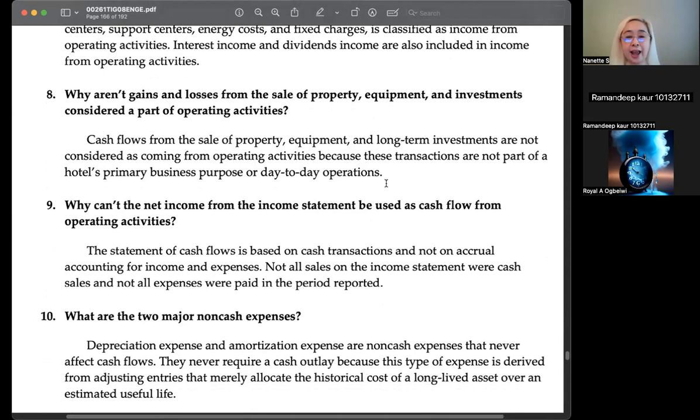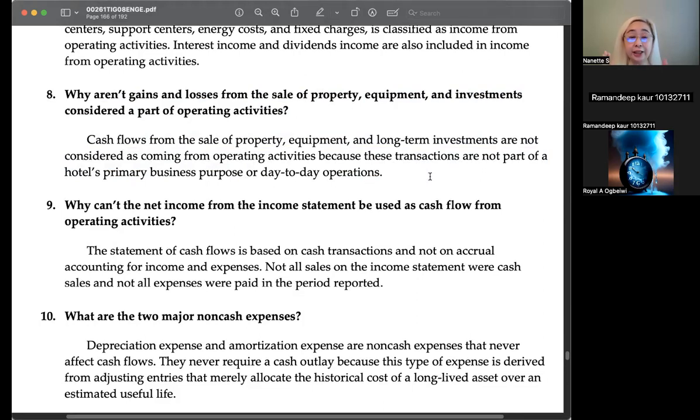So let's answer question number 8. Raman, can you please read? Why are not gains and losses from the sale of property, equipment, and investments considered a part of operating activities? Cash flow from the sale of property, equipment, and long-term investments are not considered as coming from operating activities because these transactions are not part of hotel's primary business purpose or day-to-day operations.